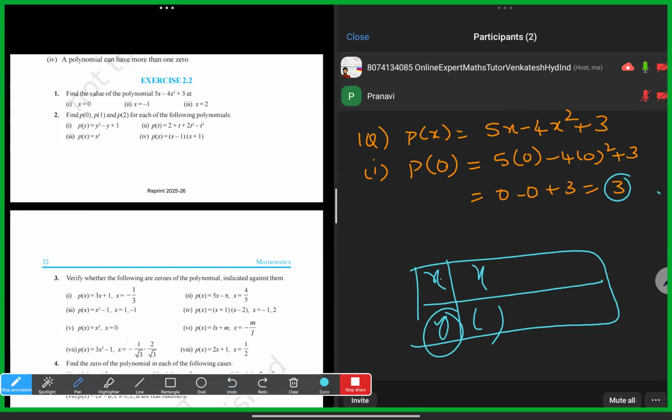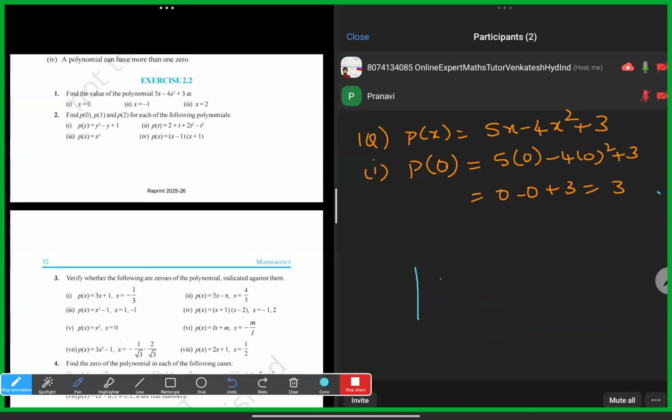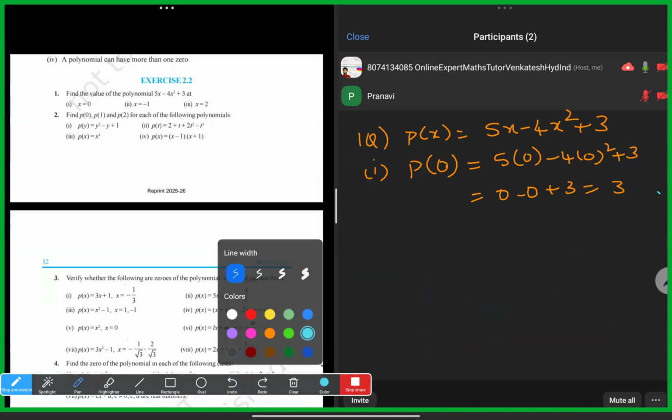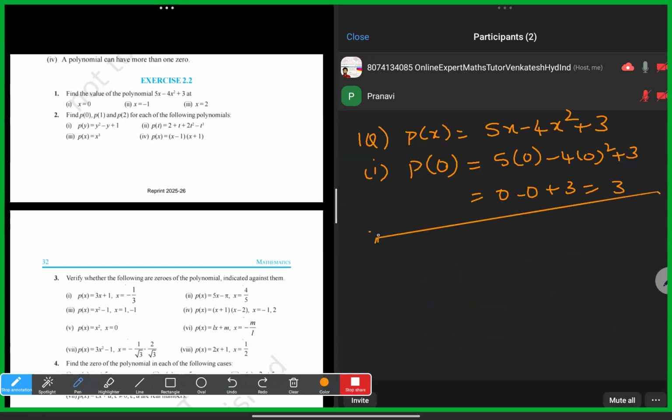Like that, if x is 1, we'll get some value. Graph plotting is there in SSC in 10th class, but CBSE does not have it; for us, CBSE will cover graph plotting for polynomials in 11th class.